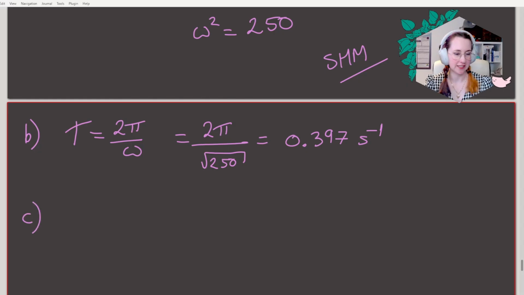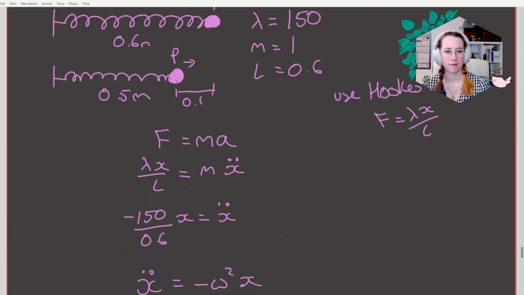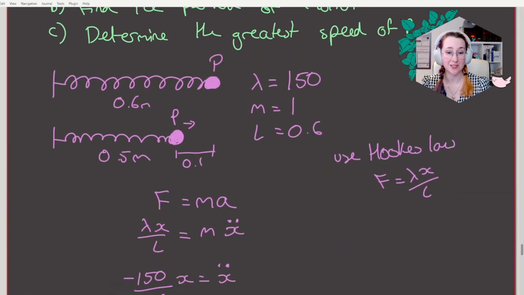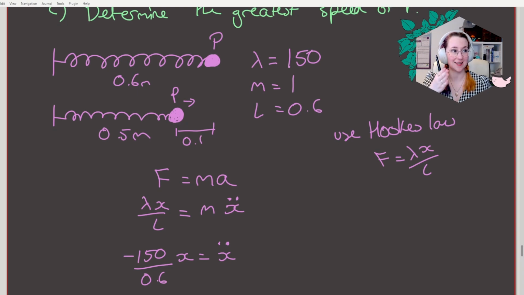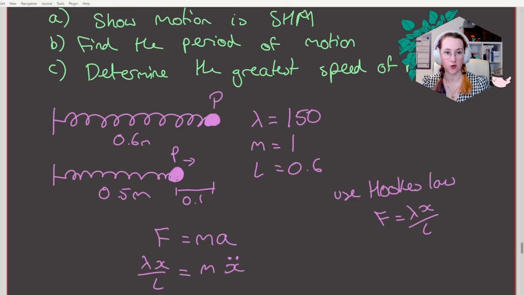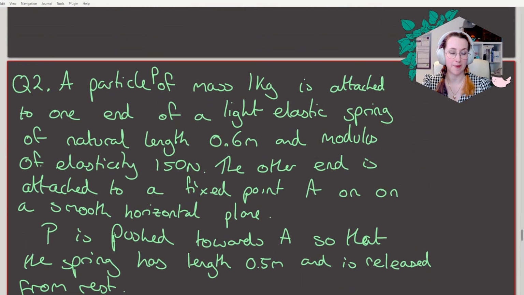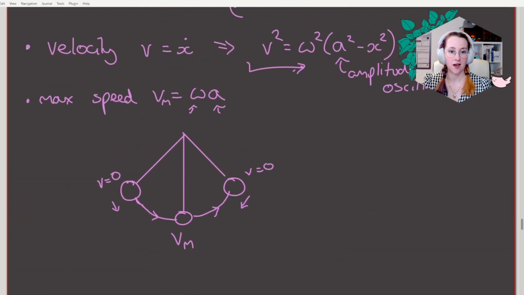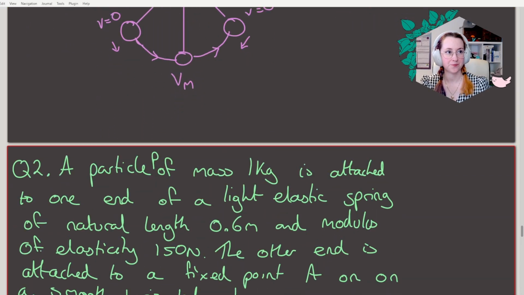And then finally, part C was determine the greatest speed of P. So remember what I said, that it was at x equals 0, but again we have an equation for that, so we can use V max is omega times our amplitude.